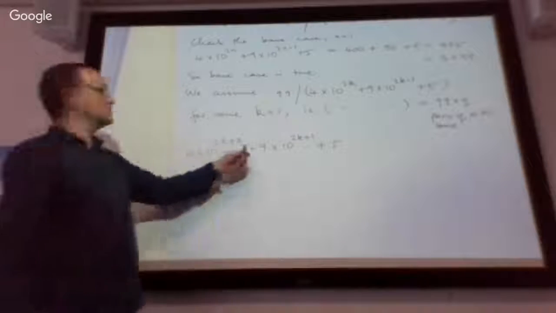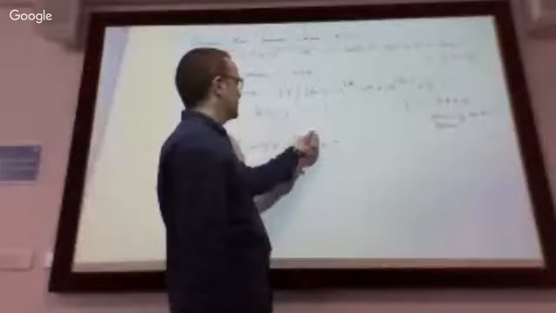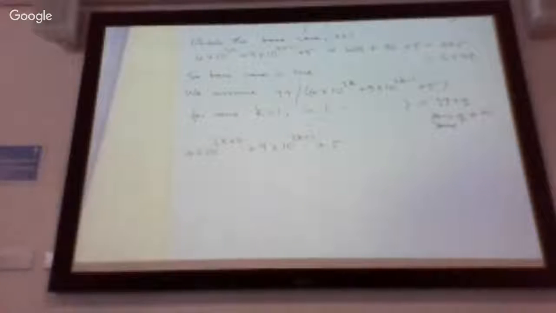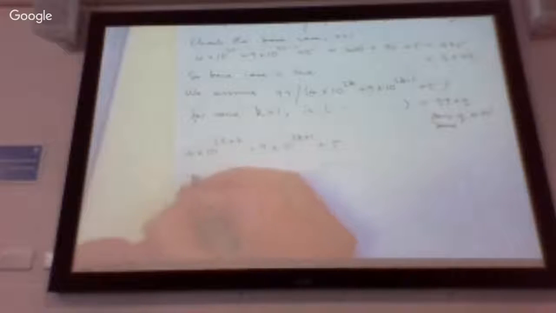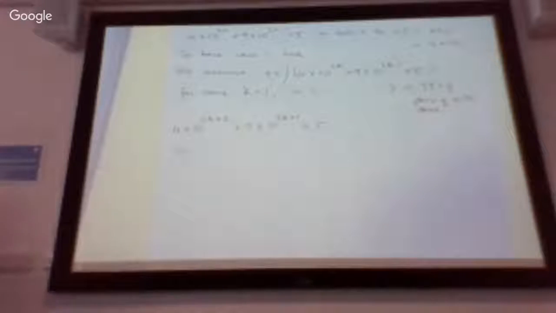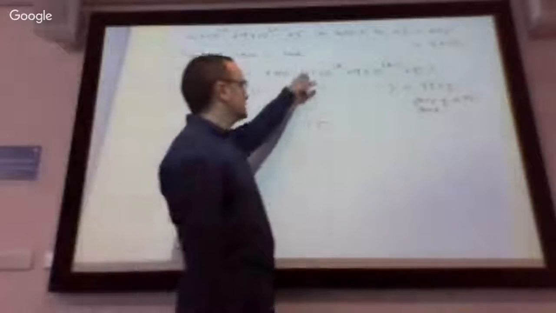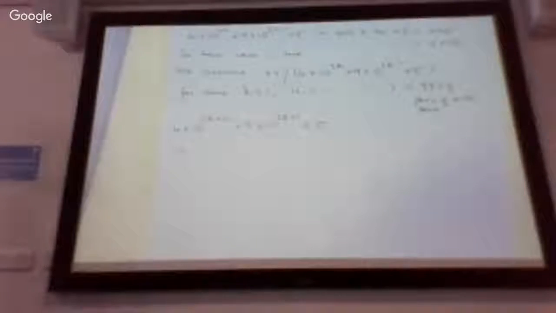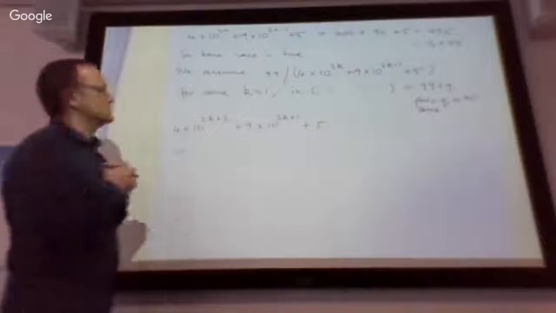So we have 2k plus 2 and 2 times k plus 1 minus 1, which comes out as 2k plus 1. Now the recognition here, and it's similar kind of thinking in most induction proofs, is that this quantity looks very, very similar to that one. It's almost the same.